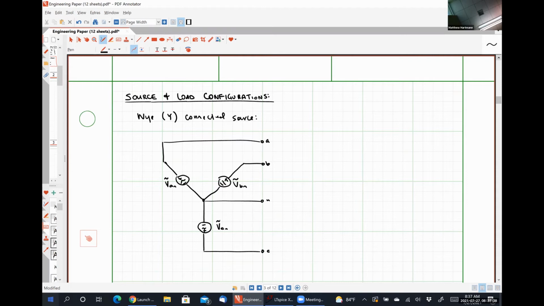So this is one way to draw a Y-connected source, and it's actually my least preferred way. What I prefer, because it's easier for me to draw and to look at, would be something like this.